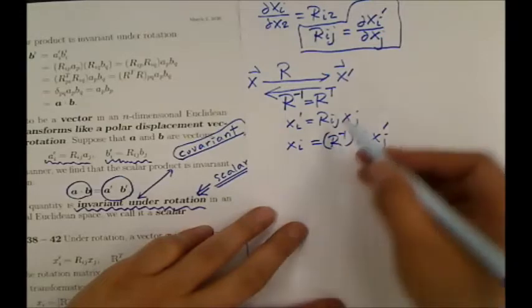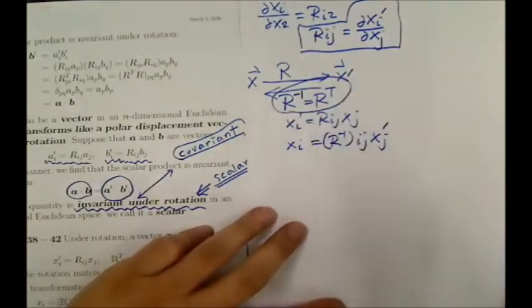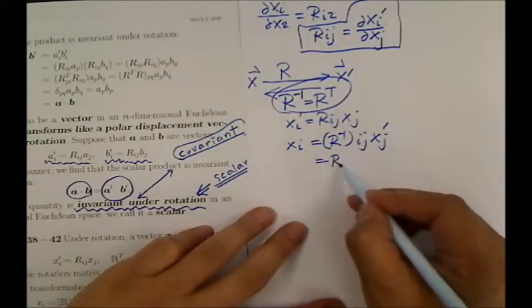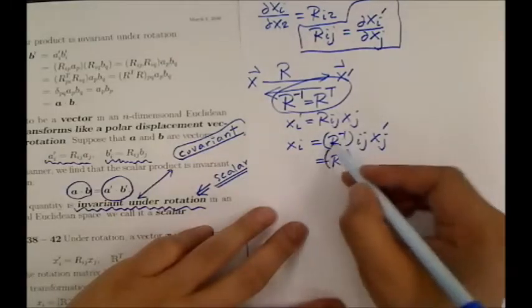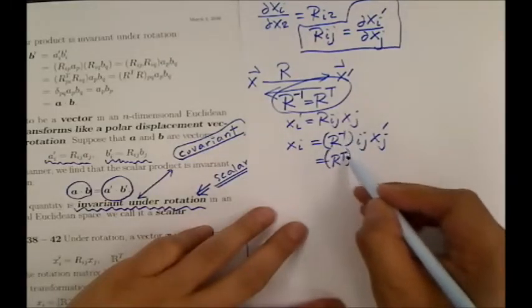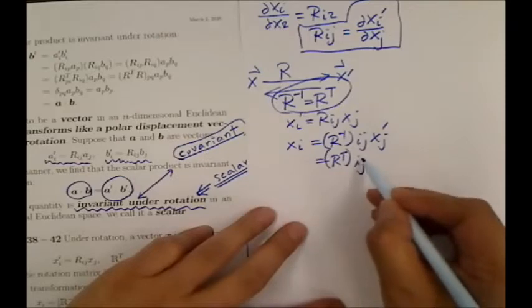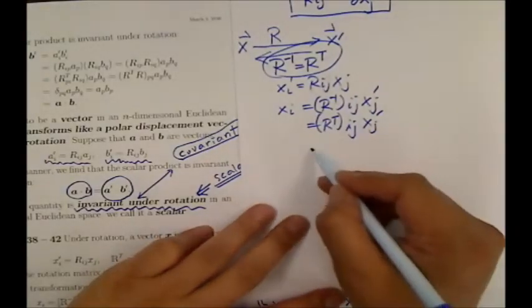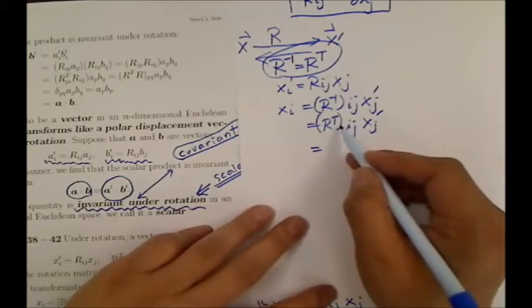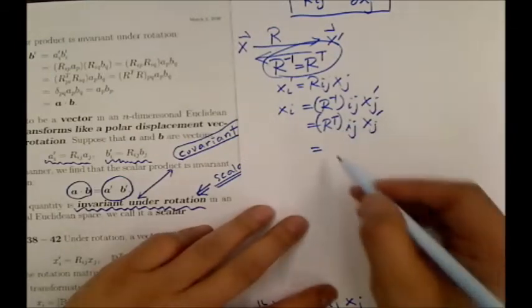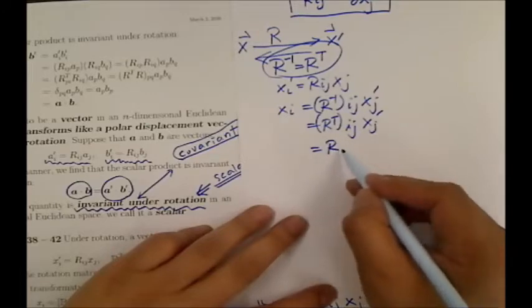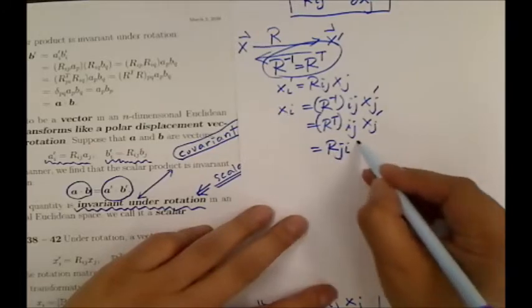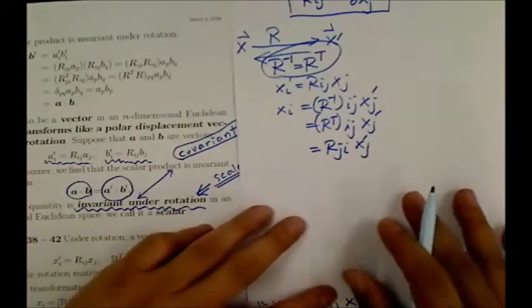Making use of this fact, R inverse can be replaced with R transpose, ij xj prime. Then, because transpose exchanges the row and column indices, this is Rji xj prime.